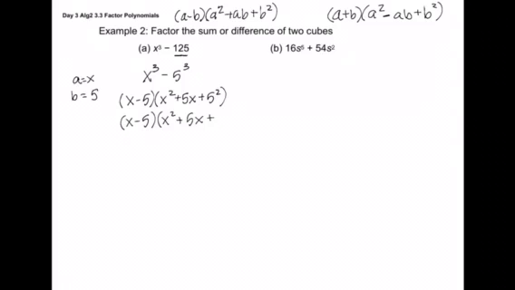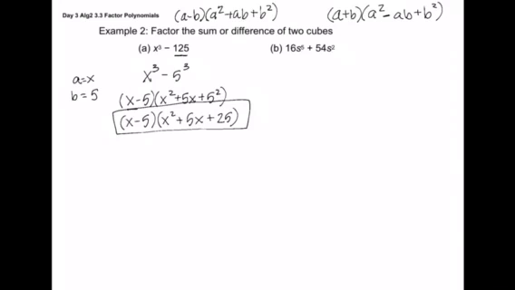We now know that our a is equal to x, our b is equal to 5, and we can plug those into our formula. x minus 5 times x squared plus 5 times x plus b squared. x minus 5, x squared plus 5 times x. Make sure you square your 5 and get 25. And you just factored the difference of two cubes.